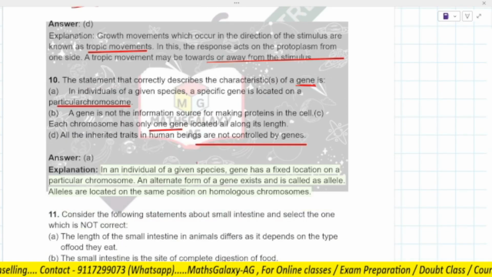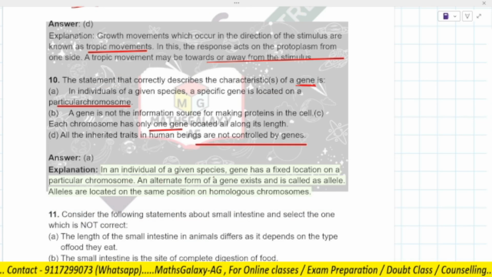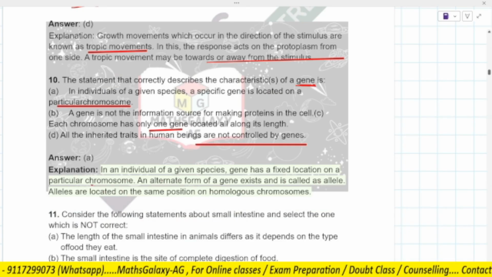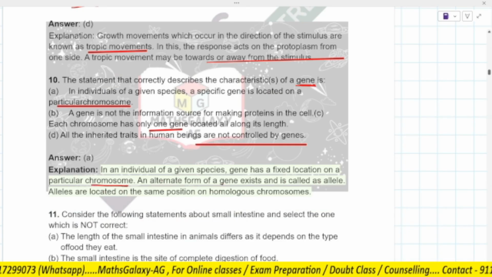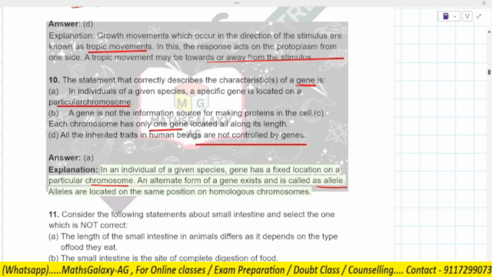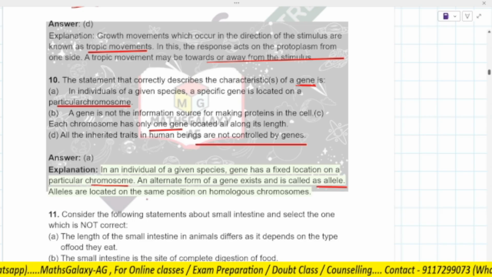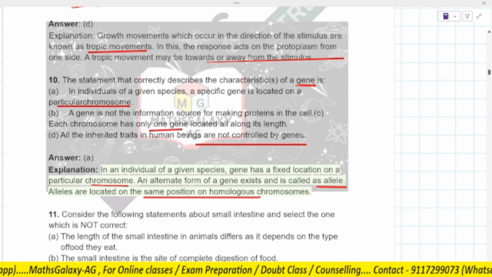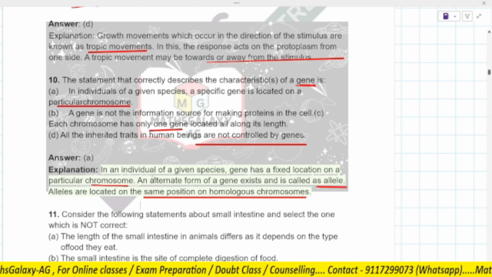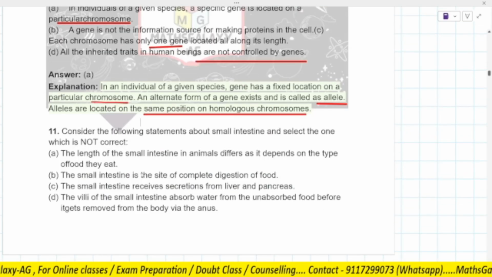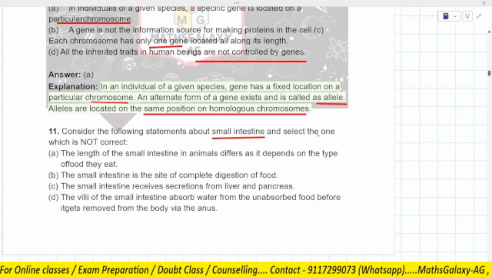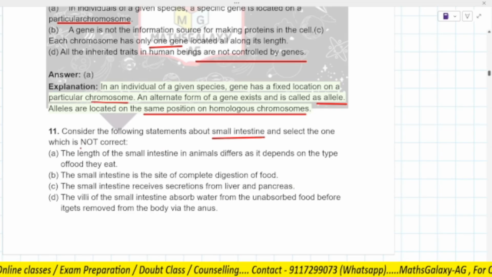So the explanation is, in an individual of a given species, a gene has a fixed location on a particular chromosome. An alternate form of a gene exists and is called an allele. Alleles are located on the same position on homologous chromosomes. Okay? Is it clear?